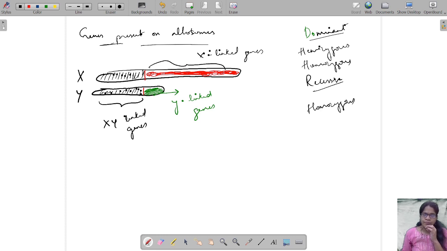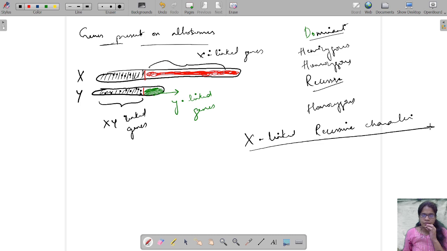For example, see, this color blindness is an example of an X-linked recessive character. What does that mean? Color blindness is due to the presence of a recessive expression of a gene.